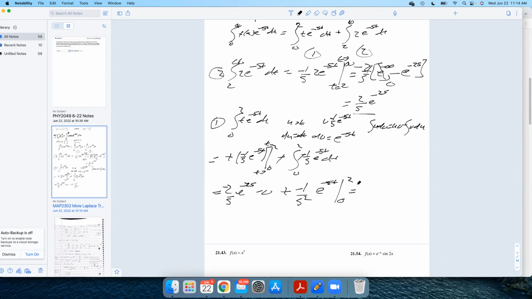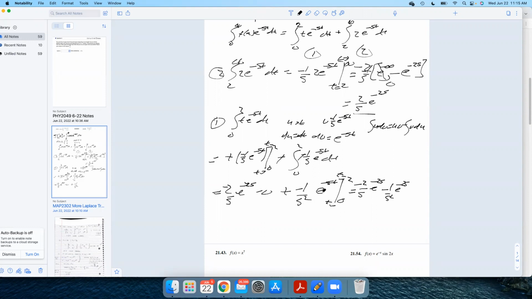So here I'm just going to write all this out: negative 2 over s e to the negative 2s, plugging in a 2 for t. These are t equals. Plugging in a 2, I'm going to get a minus 1 over s squared e to the negative 2s.